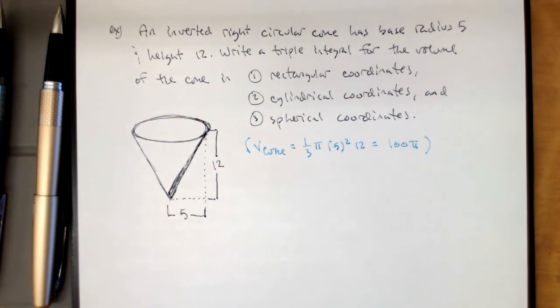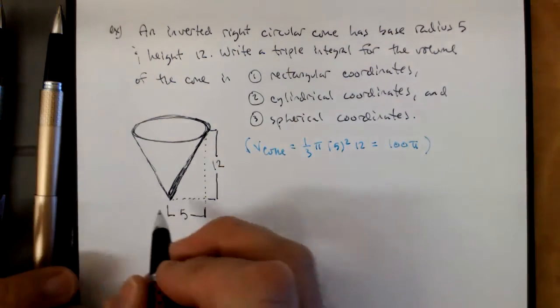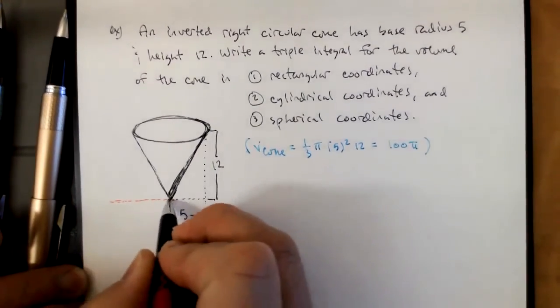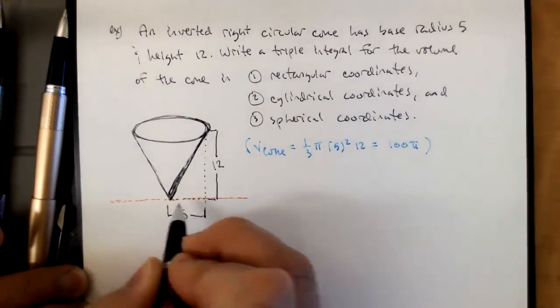My recommendation is that you put the tip of the cone at the origin. You can put it anywhere you want, but that's the only place that really makes sense. So I would set up my coordinates with z vertical up through the middle of the cone.